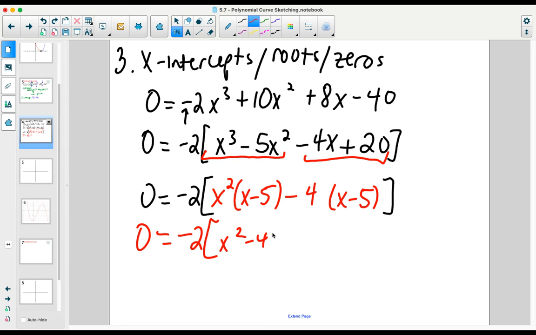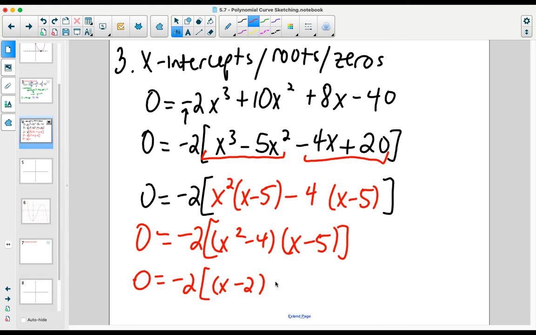The x squared minus 4 belongs together, and then the common binomial. X squared minus 4 is a difference of squares, so we'll factor that polynomial one more time. And now we have reached the fully factored version of our original function, all the way down here.